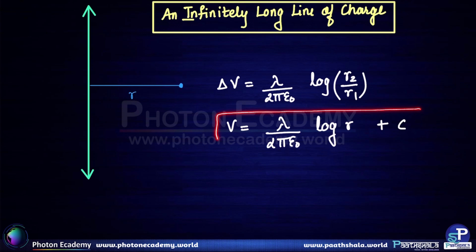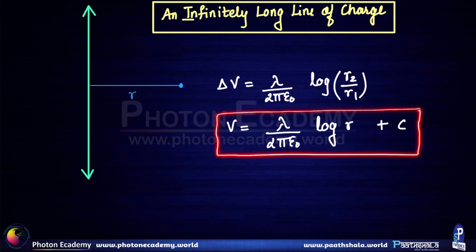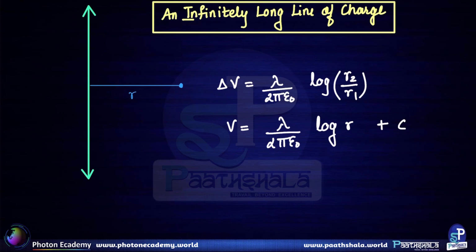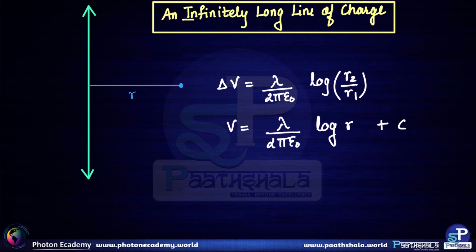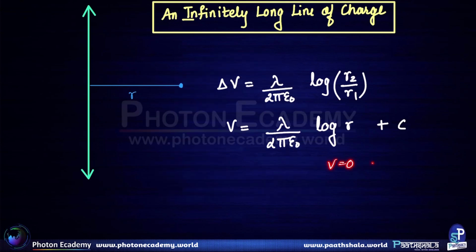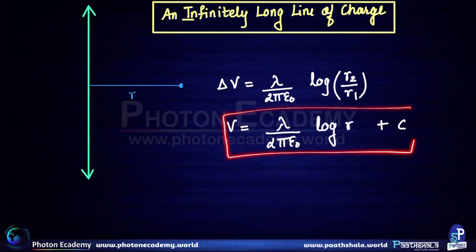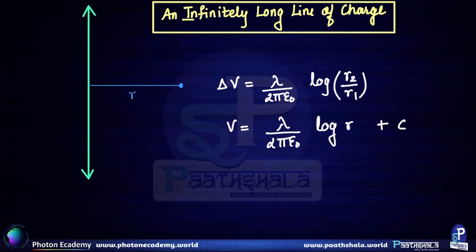Since this particular V has been found using indefinite integration, we have to add a constant of integration. Here, in writing down this electric field, we can very well put V equal to 0 at infinity, and thus we will be left with this particular expression for the potential at a point that is r distance away.